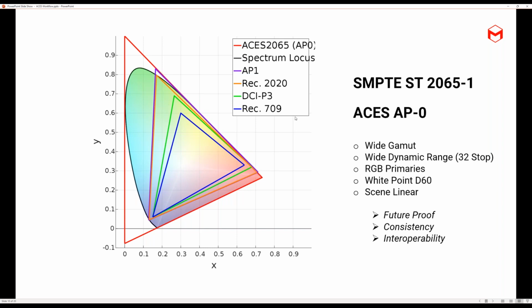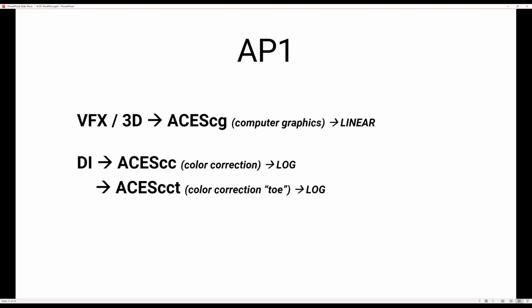And what you need to understand is AP1 has two different iterations. For VFX or 3D, there is ACEScg, which stands for computer graphics. And this AP1 color space, ACEScg, is linearly encoded. Meanwhile, in color grading, we have two different AP1 color spaces, and that is ACEScc and ACEScct.